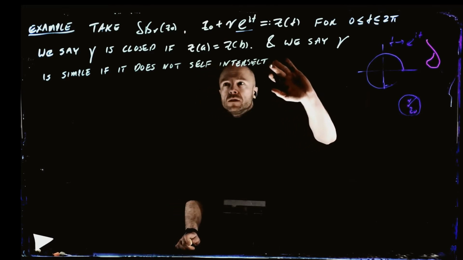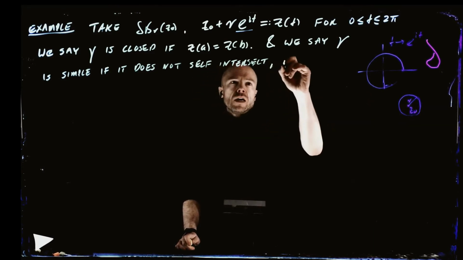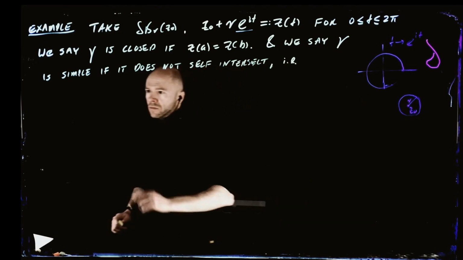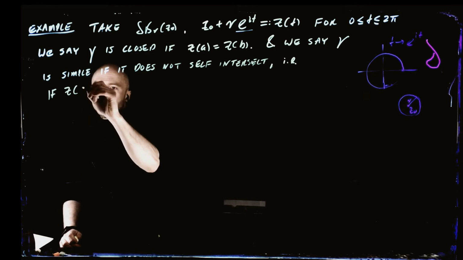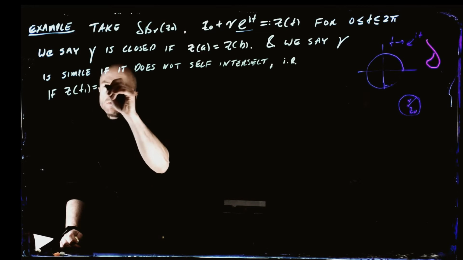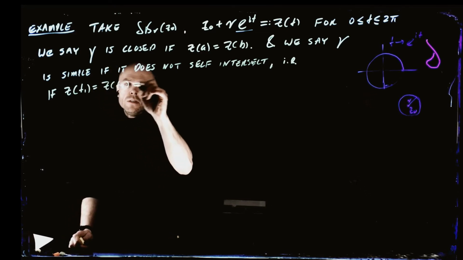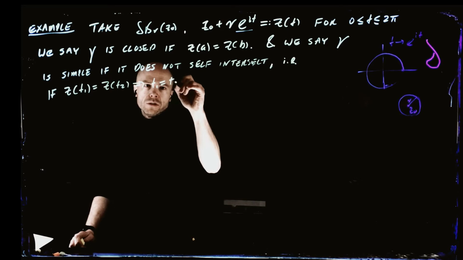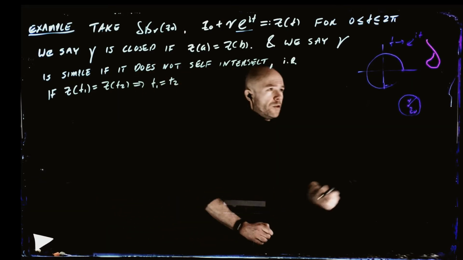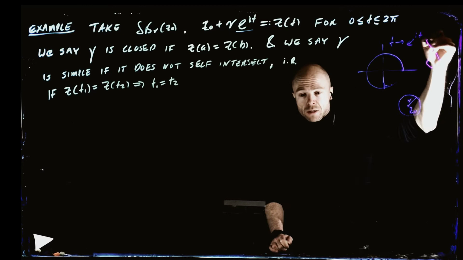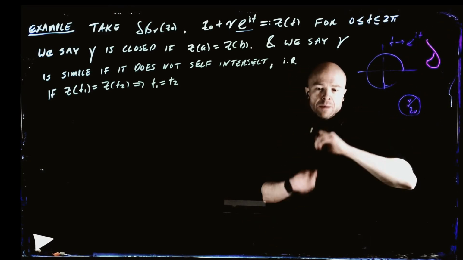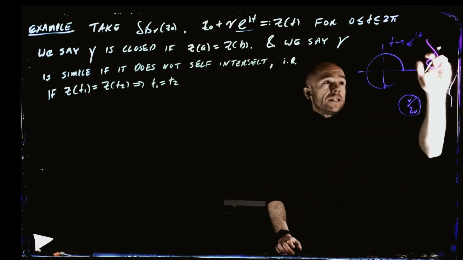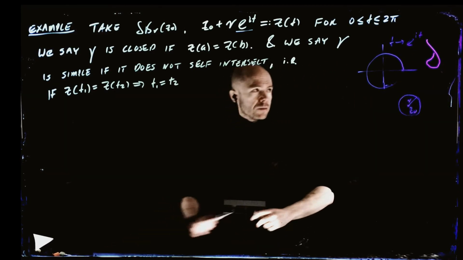Well, it does not self-intersect, i.e., if z of t1 equals z of t2, this implies that t1 equals t2, right? So you think about this as the motion of the bee. The only time the motion of the bee is going over a point where it already was before is if we have actually the same moment in time, yeah? So that's self-intersection.